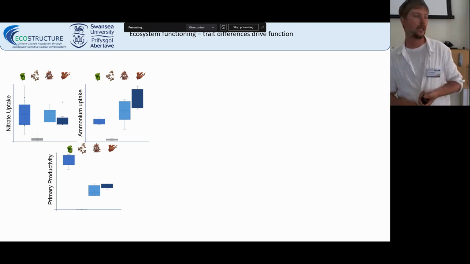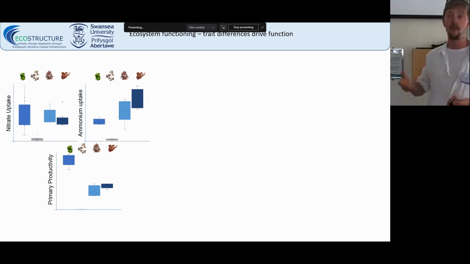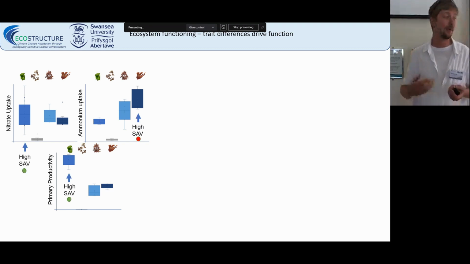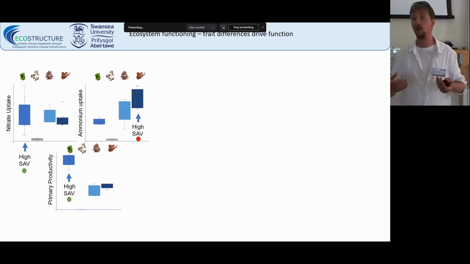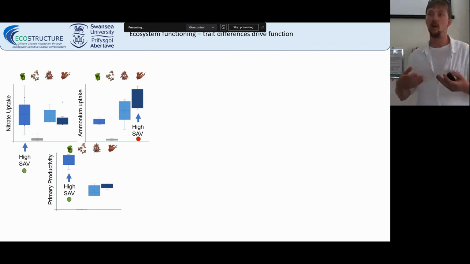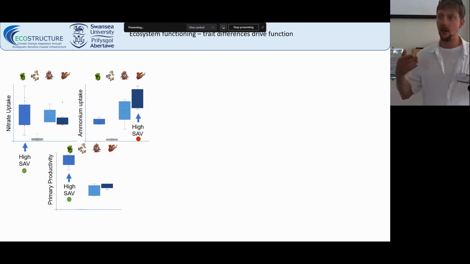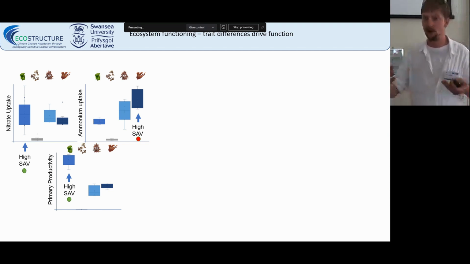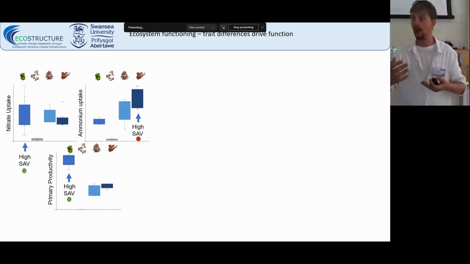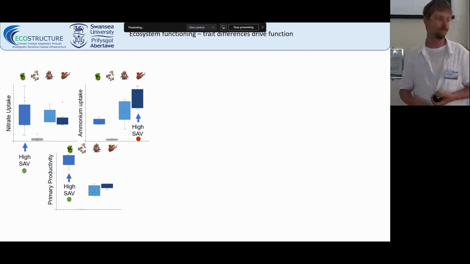Ulva tends to be very good at taking up things like nitrates and producing oxygen very fast. And this is partly because of the high surface area to volume ratio, an awful lot of surface area, which is ideal for capturing light and turning carbon dioxide, amongst other things, and taking those nutrients up fast.